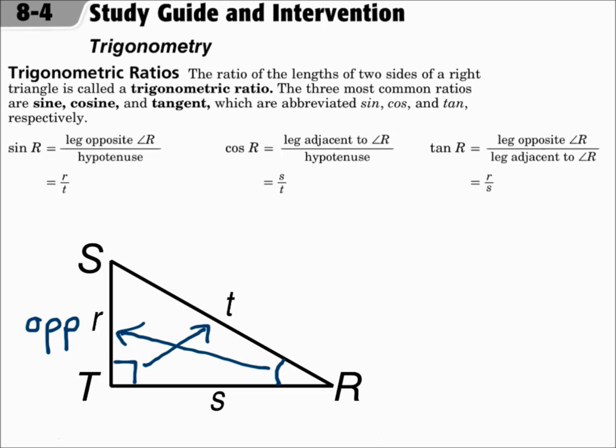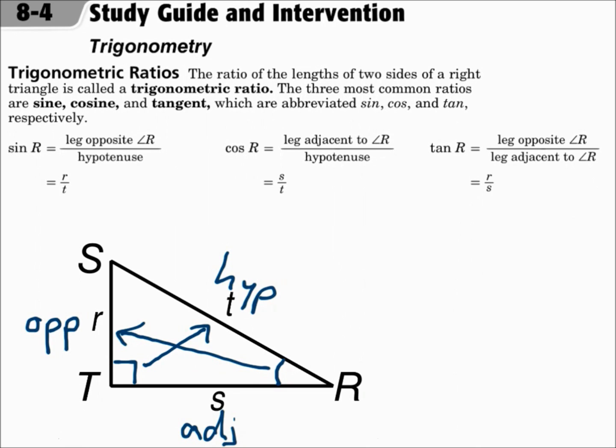If I draw across from the right angle, that side is the hypotenuse. And the leg that's next to angle R is the adjacent leg. So always start by identifying the side lengths of the triangle as opposite, adjacent, and hypotenuse.